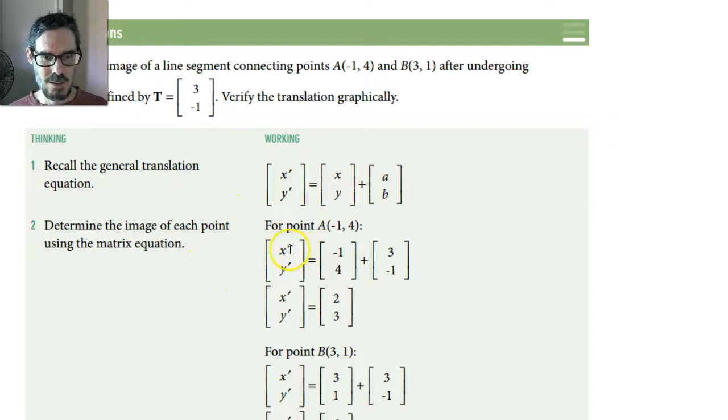I'm going to take minus 1, 4, my coordinates of A, and I'm going to add my transformation 3, negative 1. Don't get confused, this is 3, negative 1, the translation, not 3, positive 1, which is point B. That's coming next.